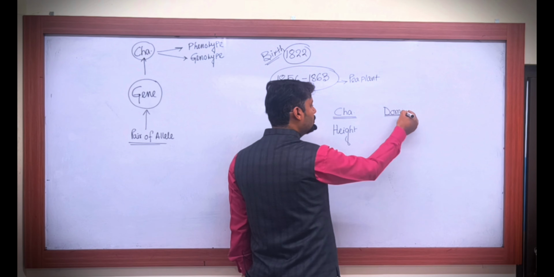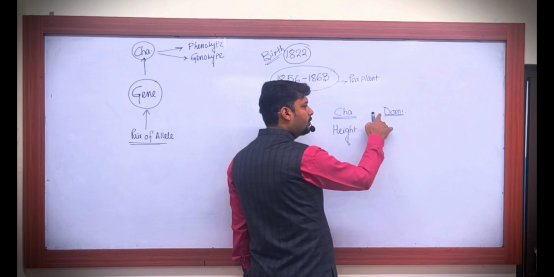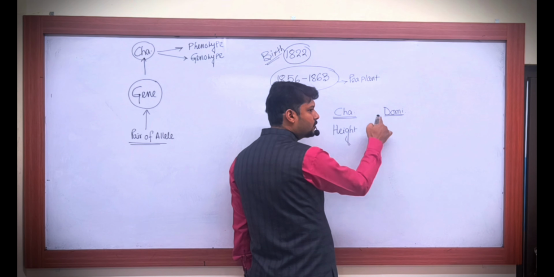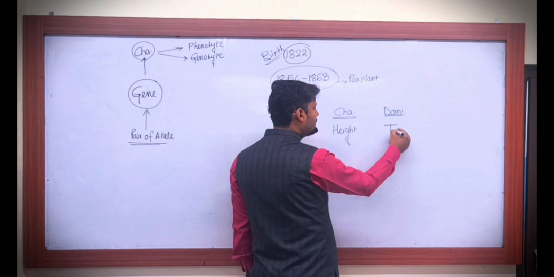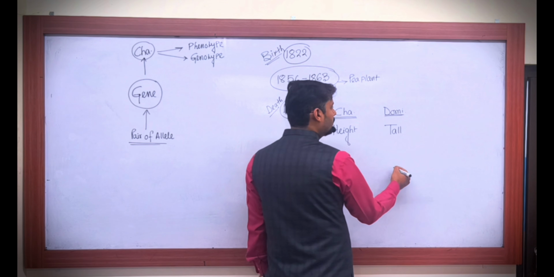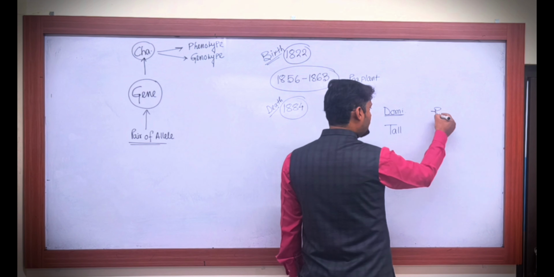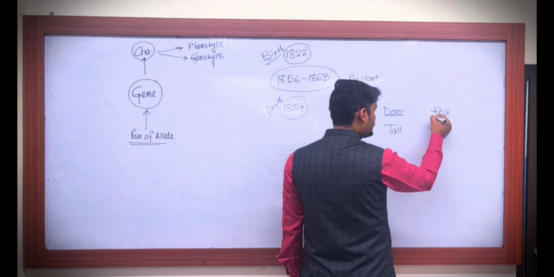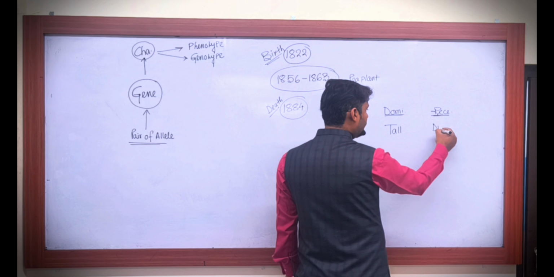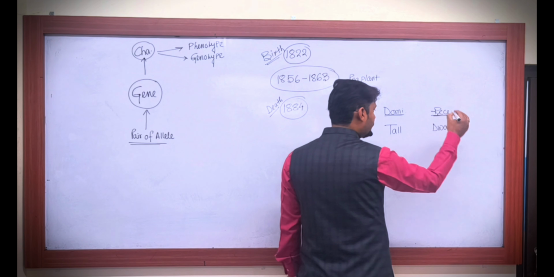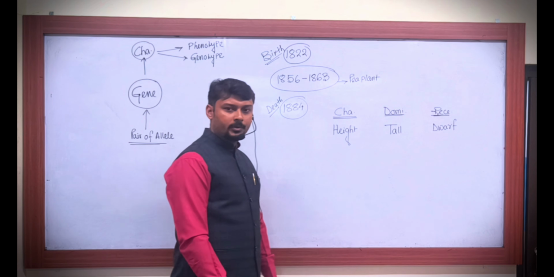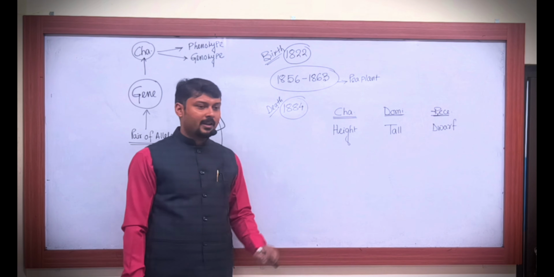Because as I told you, in a particular population, the major character is this. That's why it's dominant. So dominant is tall. In a population, the least number of character is dwarf. So that is the recessive character. That is dwarf. Clear?